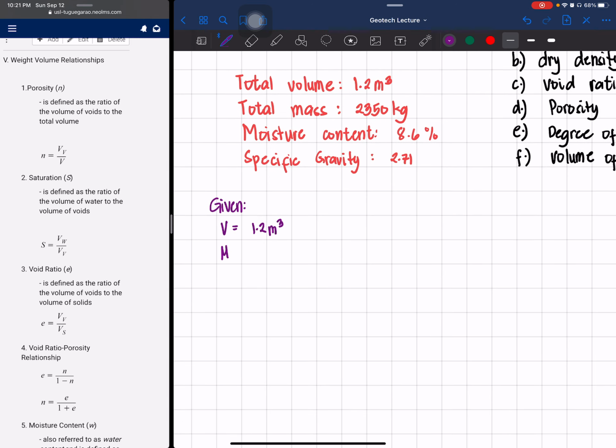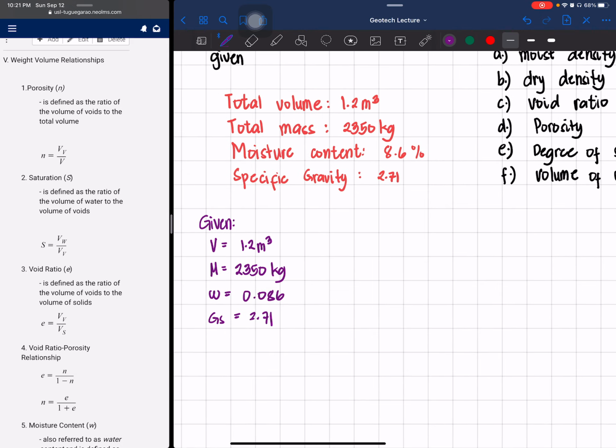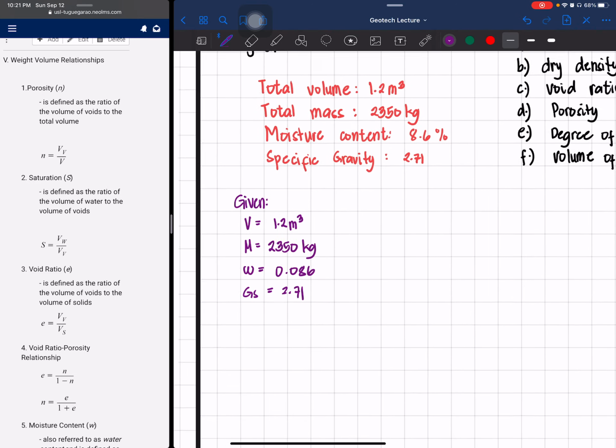Next, we have the total mass, which is 2,350 kilograms. And then the moisture content is 0.086, and the specific gravity is 2.71. So the first question being asked is for the moist density.